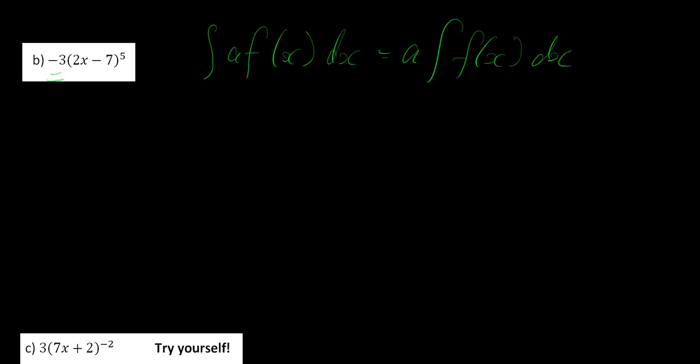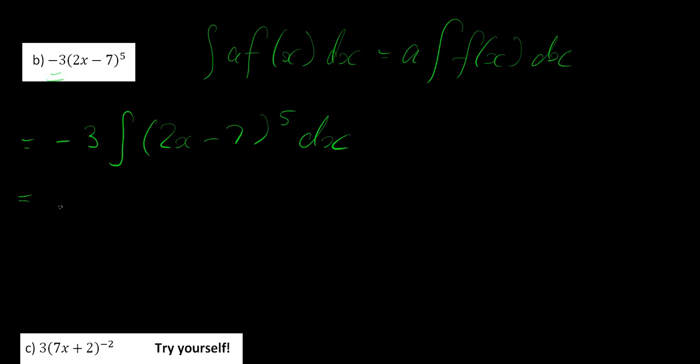So all you're really doing is anti-differentiating the hard part, and the constant can be left outside as long as they're multiplying by each other. So that's what we're going to do here. We're going to say that the negative 3 is outside. We're going to anti-differentiate 2x minus 7 to the power of 5 with respect to x.